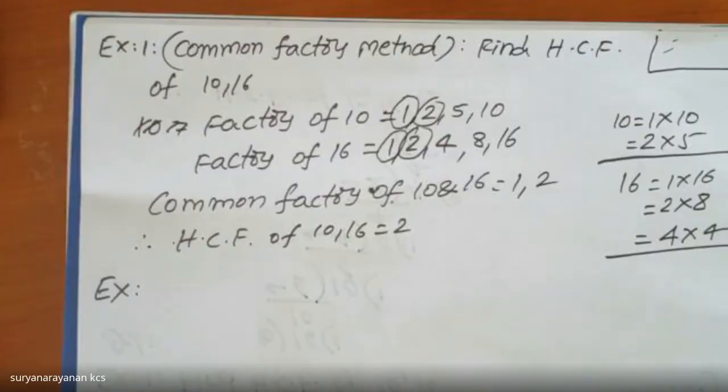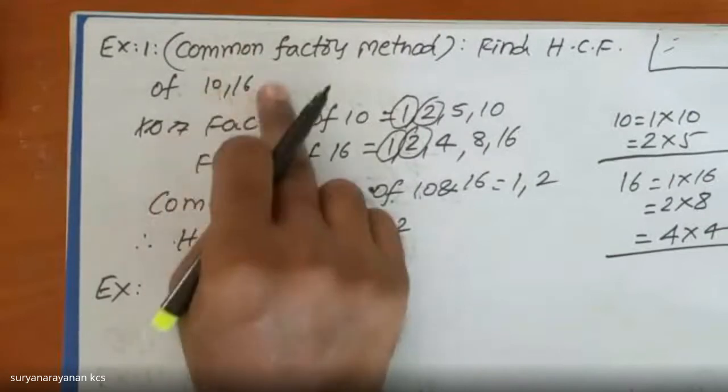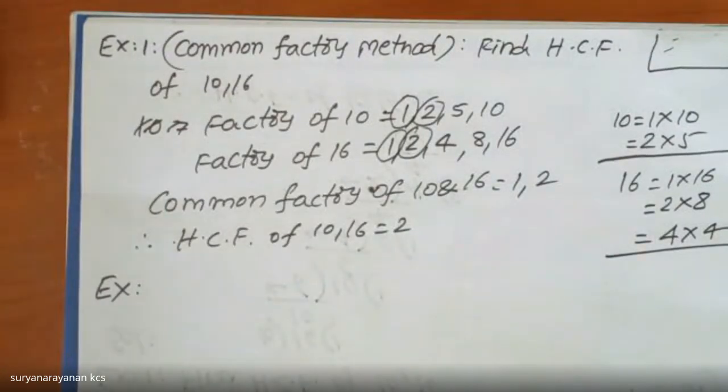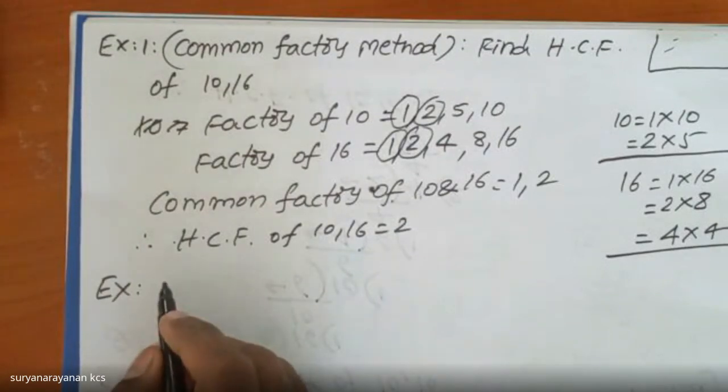We cannot do the division method, right? You can use the division method, I will tell you. If more than two numbers are given, I will also explain. For example, I have taken only two numbers. I will extend this concept for finding HCF of three numbers, four numbers. Like this, we can extend the concept.